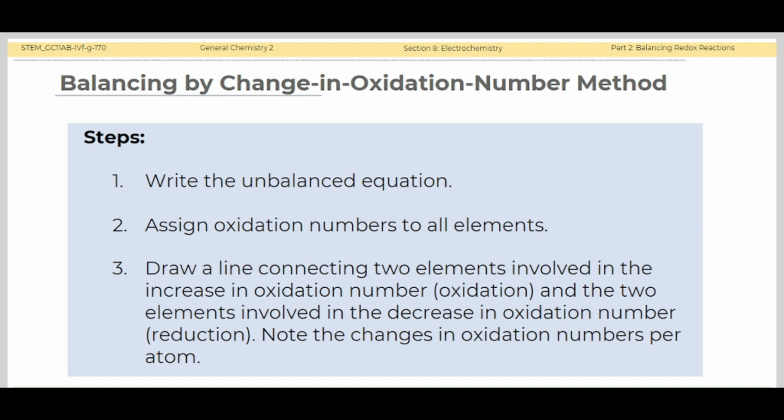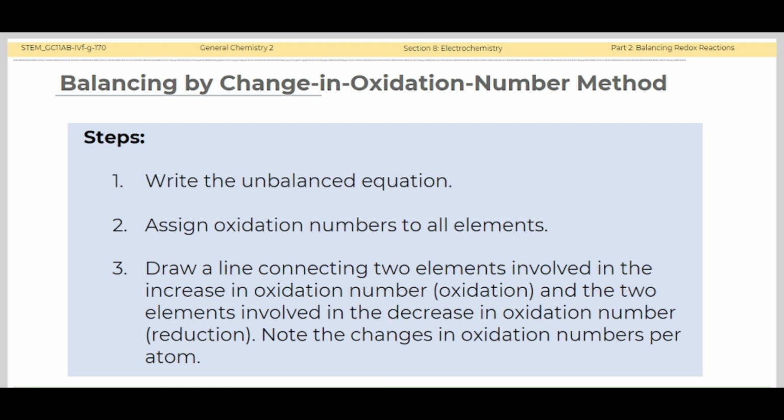Steps in balancing redox reaction by change in oxidation number method. Number 1. Write the unbalanced equation. 2. Assign oxidation numbers to all elements or atom types. 3. Draw a line connecting the two elements involved in the increase in oxidation number, oxidation, and the two elements involved in the decrease in oxidation number, reduction.